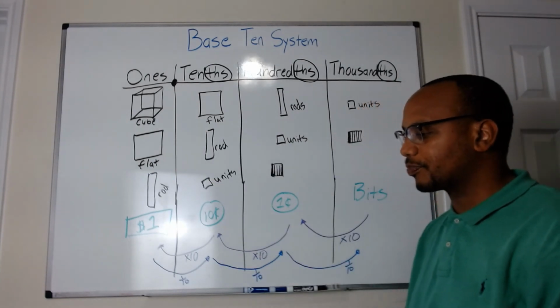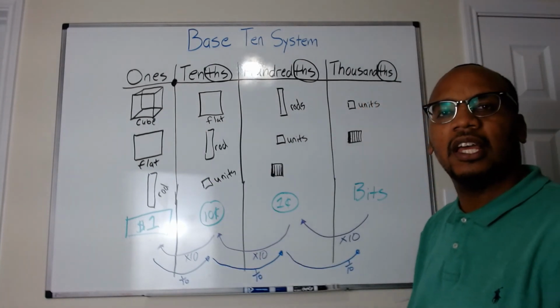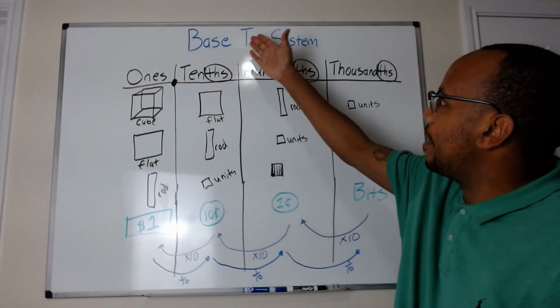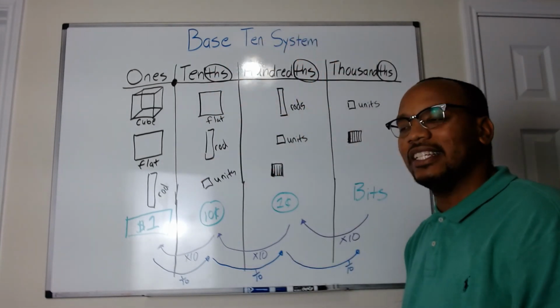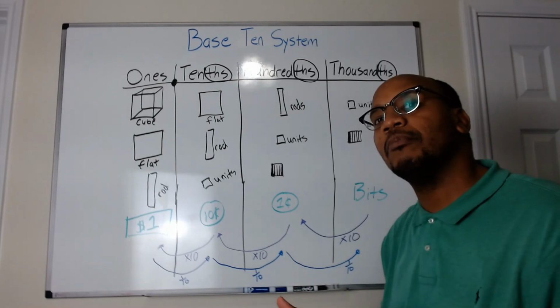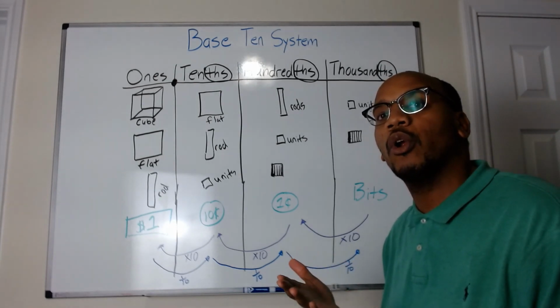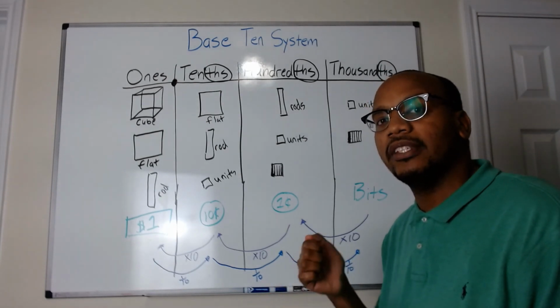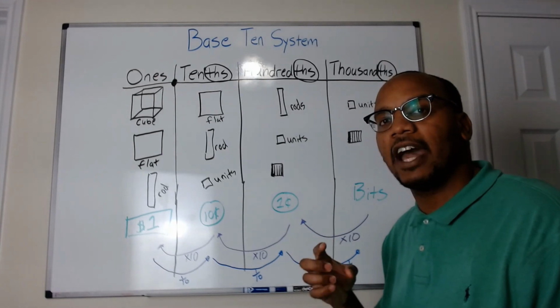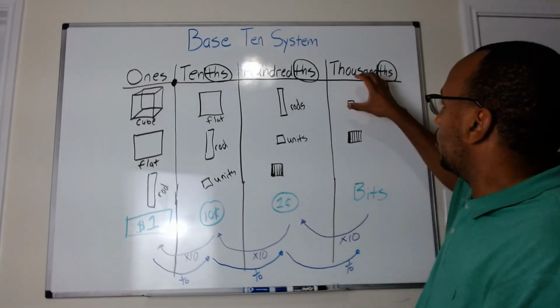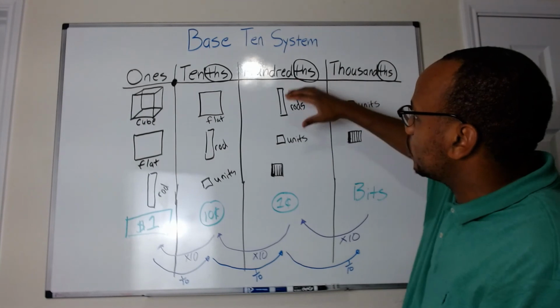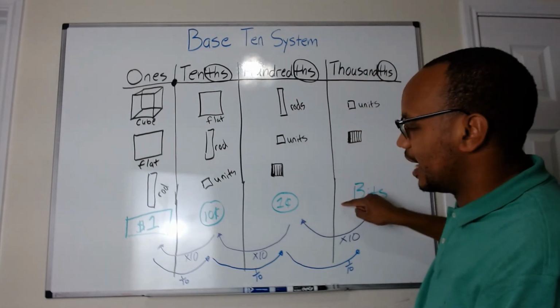So again, this is Mr. Traham. This is a simple lesson on just the base 10 system, understanding that there's only 10 numbers in our numbering system: 0, 1, 2, 3, 4, 5, 6, 7, 8, 9, which means that in these place value spots, you can only go 0 through 9.